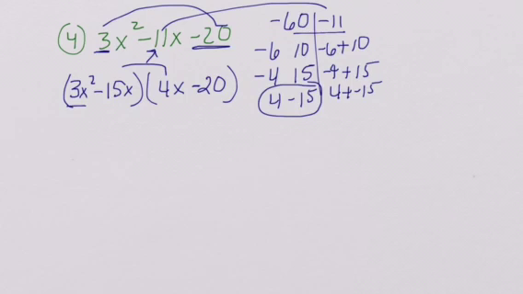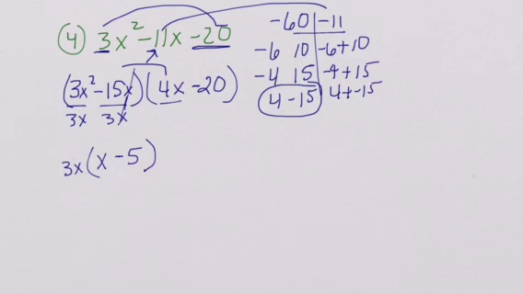Now we're going to take out our greatest common factors, so that's going to be 3x and 3x. Where do I have more x's? On the top. How many more do I have? I have 1. Minus 3 goes into 15 5 times. Where do I have more x's? I don't, so they cancel out.